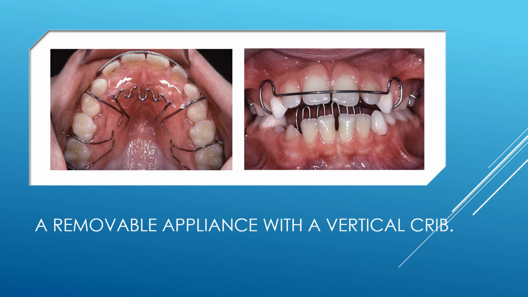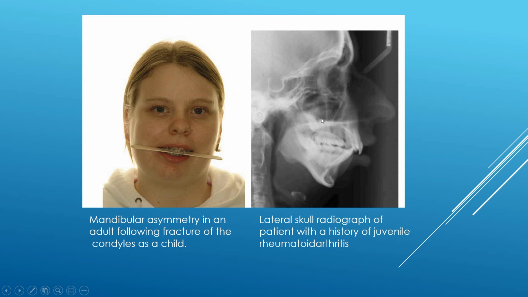A number of pathological conditions can contribute directly to a malocclusion, causing either skeletal discrepancies or more local effect upon the dentition. Here you can see the fracture of the condyle.